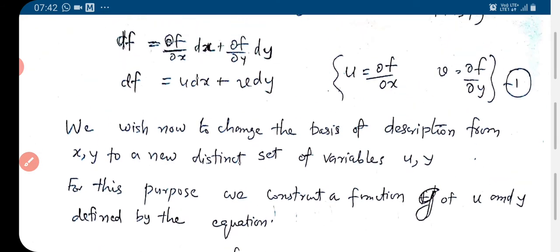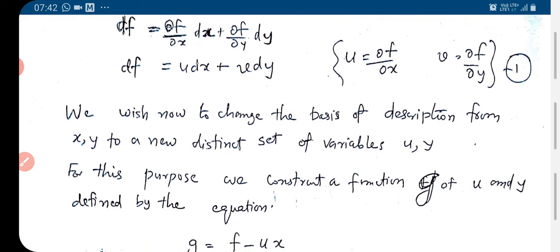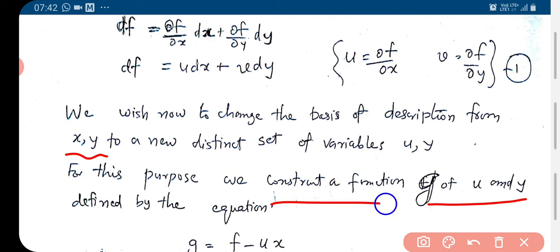Now we need a function which is a function of u and y. f is a function of x, y, and we construct a function g which is a function of u and y.